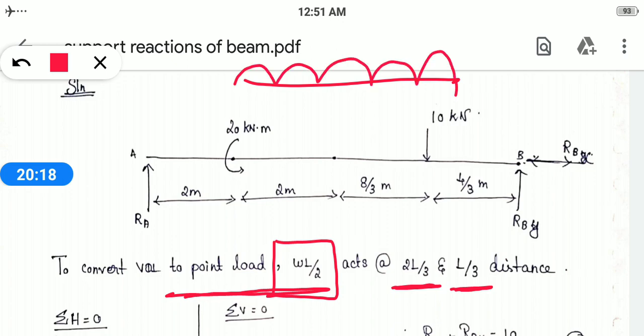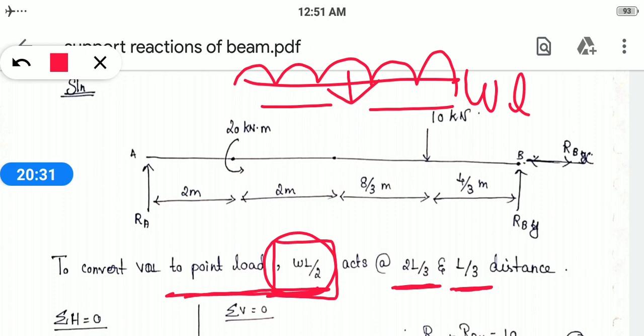Uniformly distributed load will act at the center. That means you calculate W into L, acting at the center. But here we have to calculate the load by WL by 2, and it will act at a distance of 2L by 3 and L by 3.